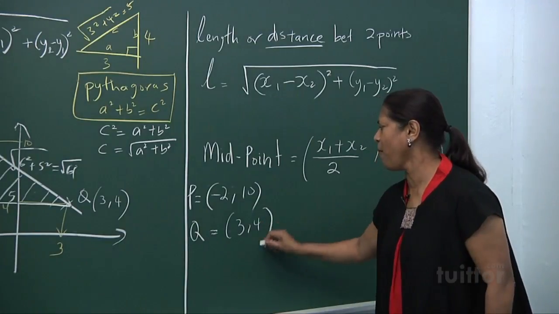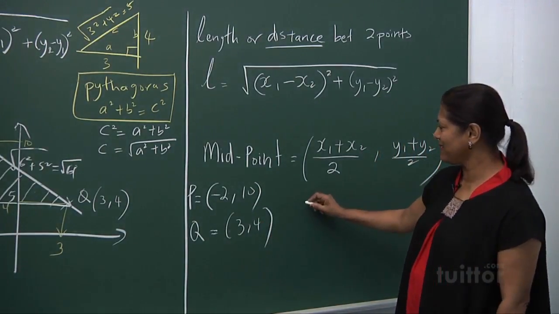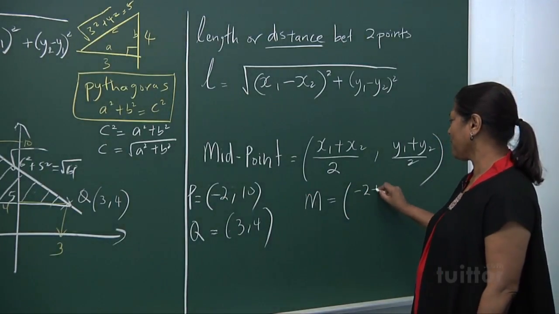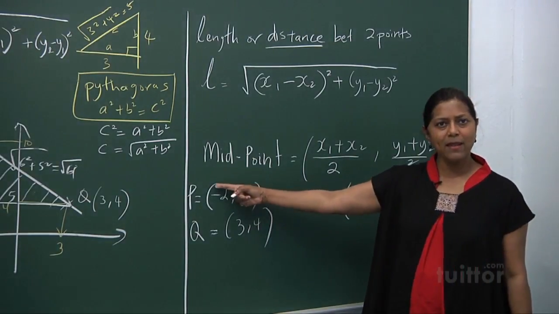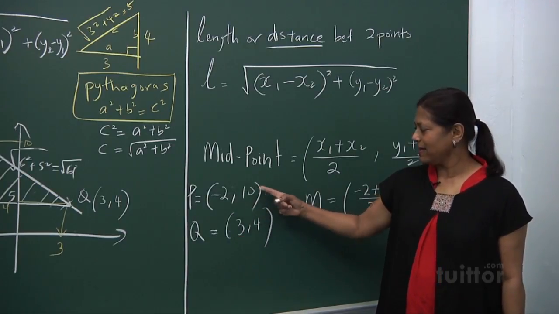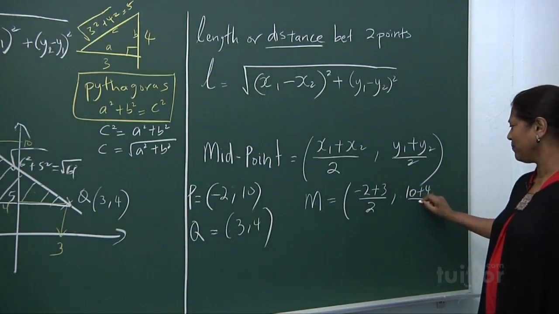And so the midpoint of P and Q would be, yes, let's call it M. It is minus 2 plus 3 divided by 2, the x1 plus the x2 divided by 2. And here we get 10 plus 4 divided by 2.